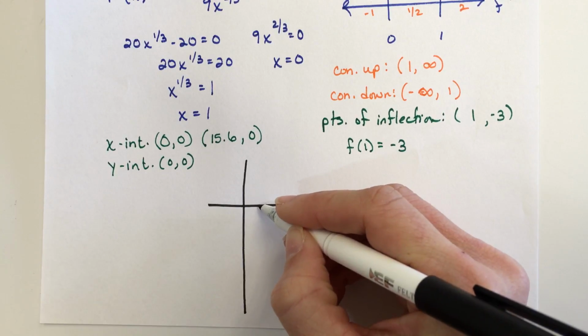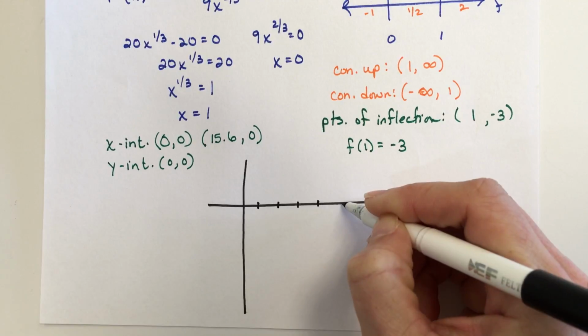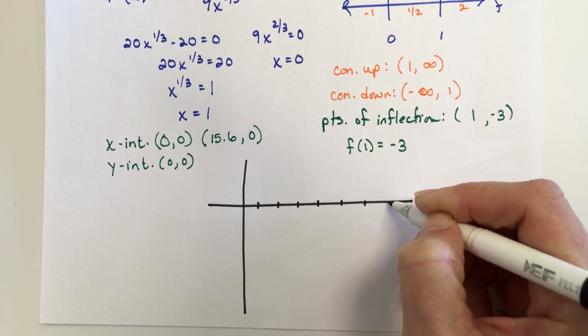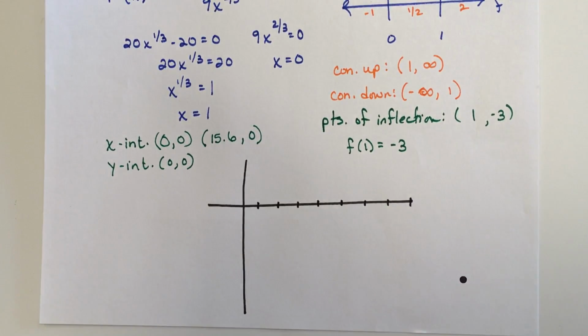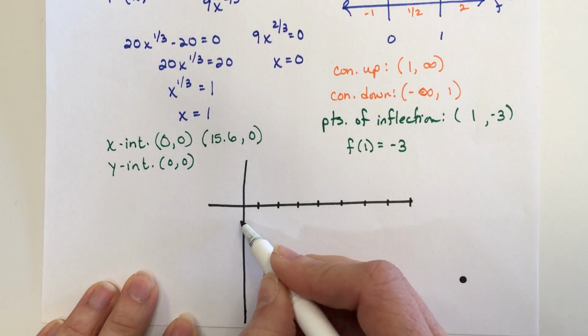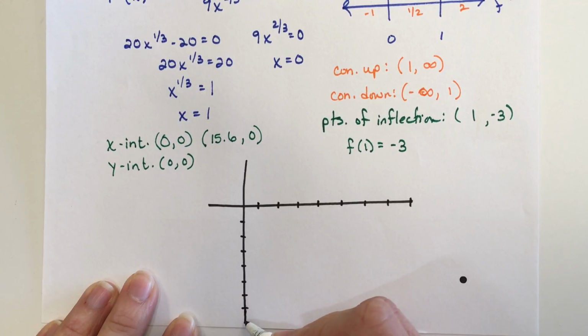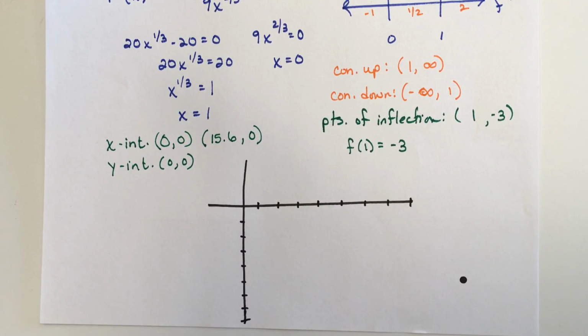Actually, I think I'll do these by twos. So 2, 4, 6, 8, 10, 12, 14, 16, just so we don't have so many tick marks to do. Now we had a min that was at (8, -16), so I'm going to do that by twos as well. So 2, 4, 6, 8, 10, 12, 14, and 16. So I had to put those just a little bit closer together, but that's fine.